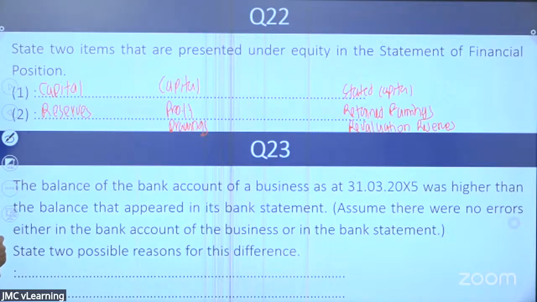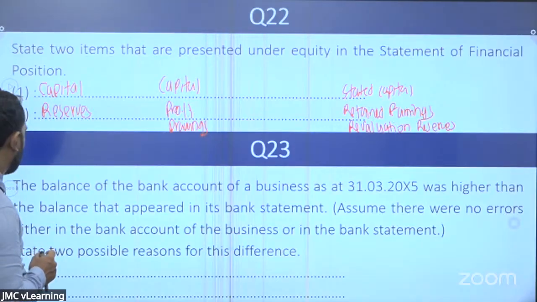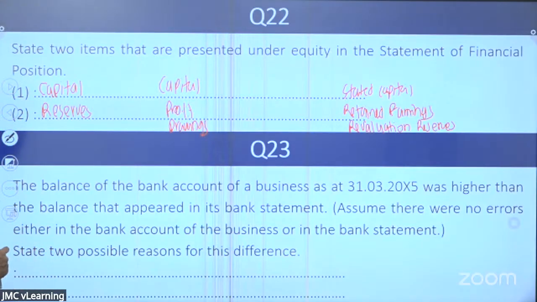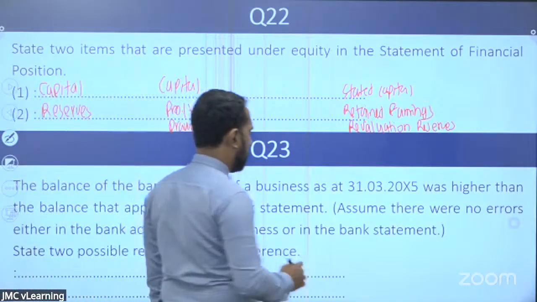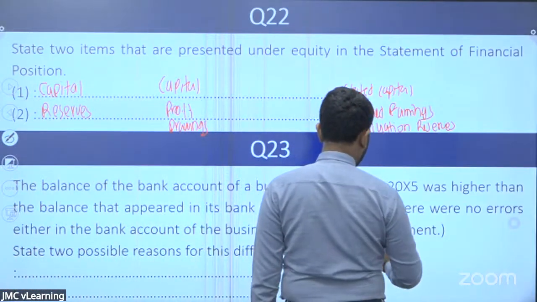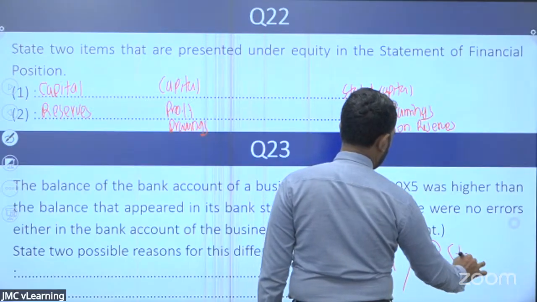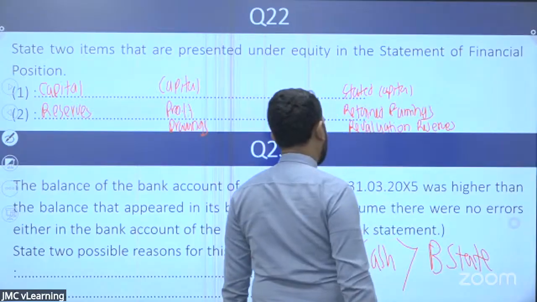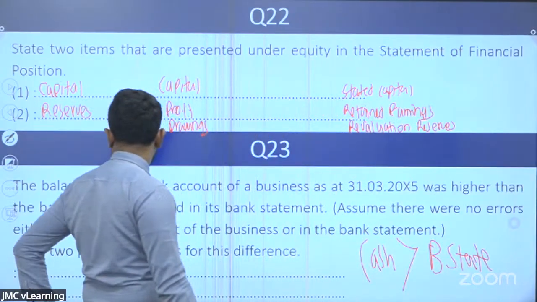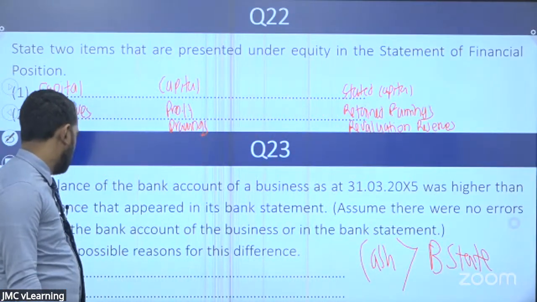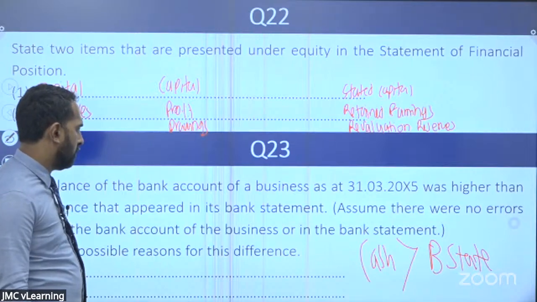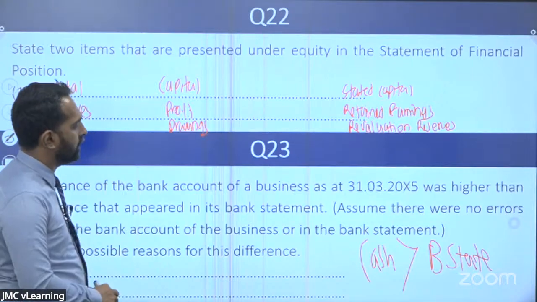Look at the next question. The balance of the bank account of a business on 31st of March was higher than the balance appearing in the bank statement. That means your cash book is higher than the bank statement. Assume there were no errors either in the bank account of the business or in the bank statement.